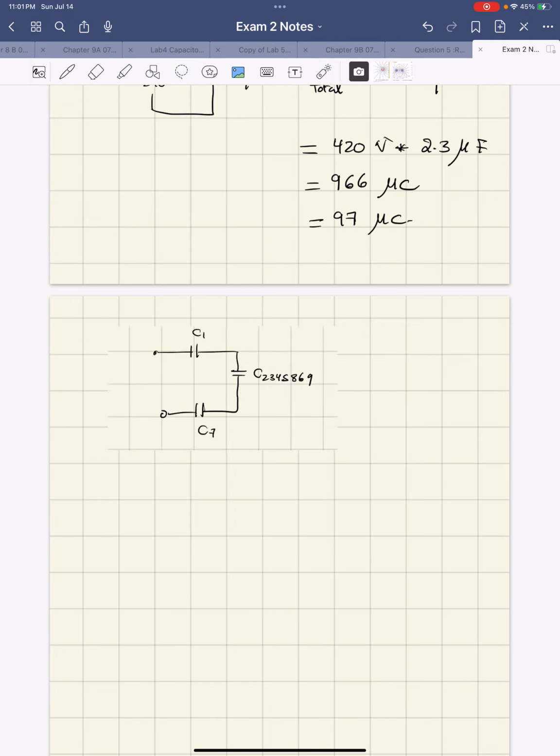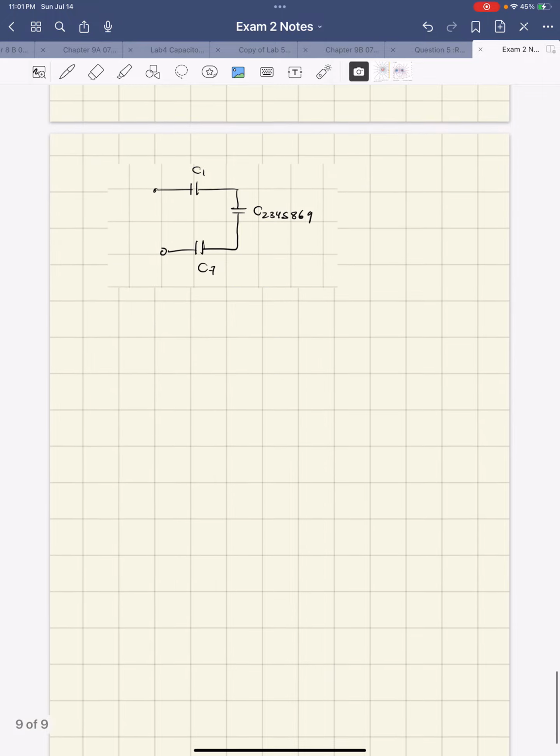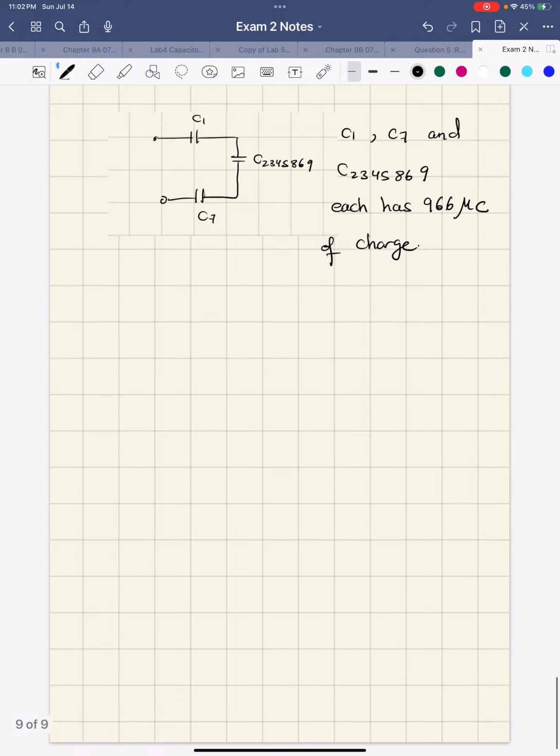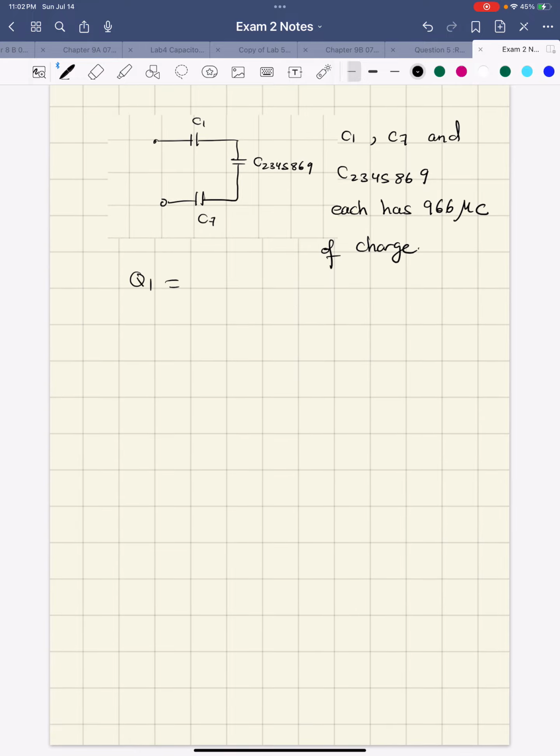And then I have all these capacitors. Here I can say C1, C7, and C2,3,4,5,8,6,9. Each has 966 microcoulomb of charge. Then I know that the charge Q1 equals Q7 equals 966 microcoulomb.